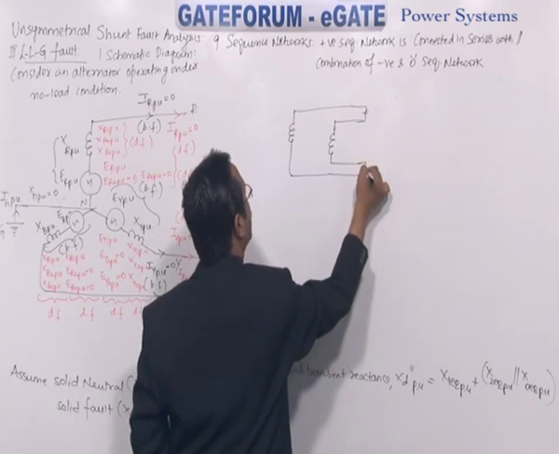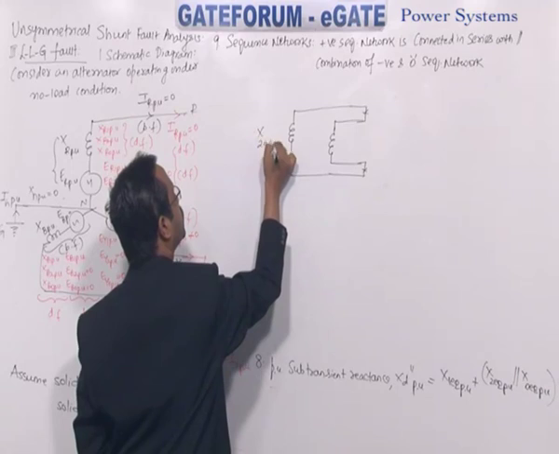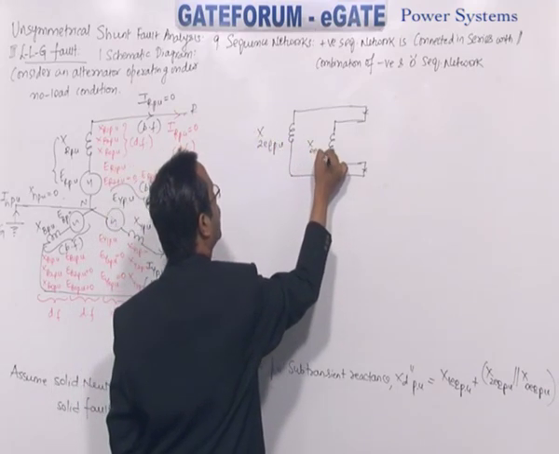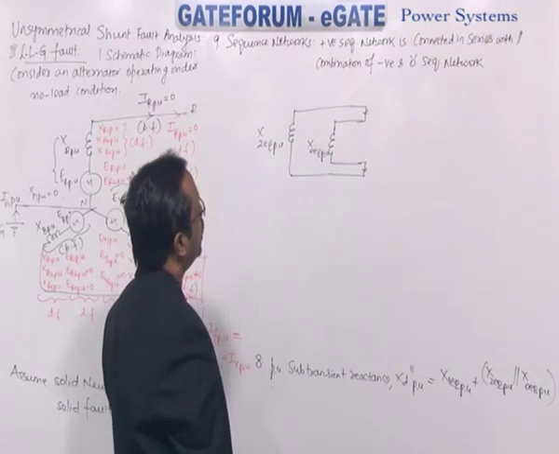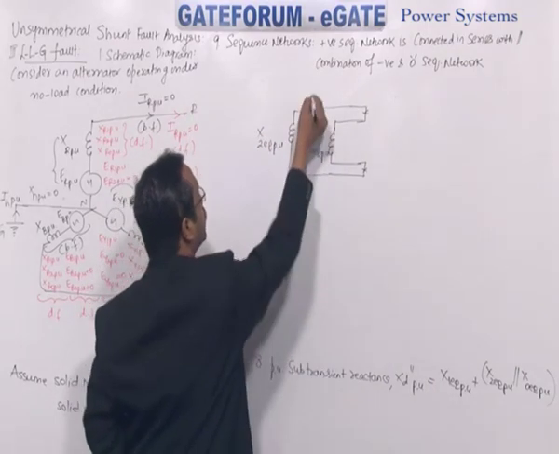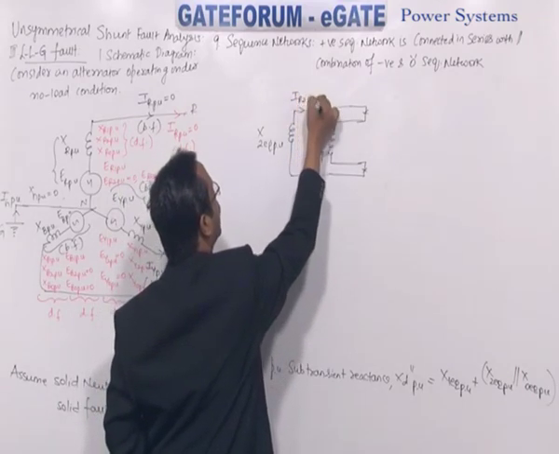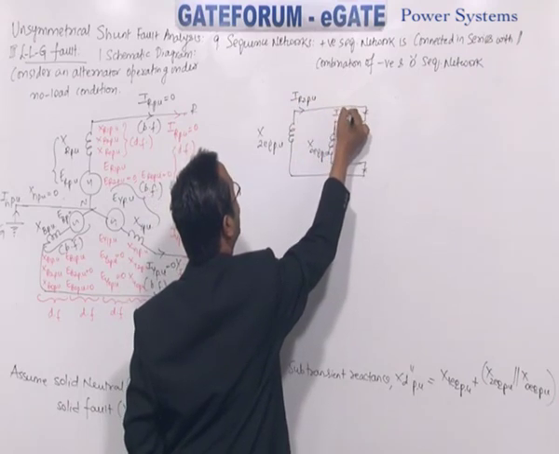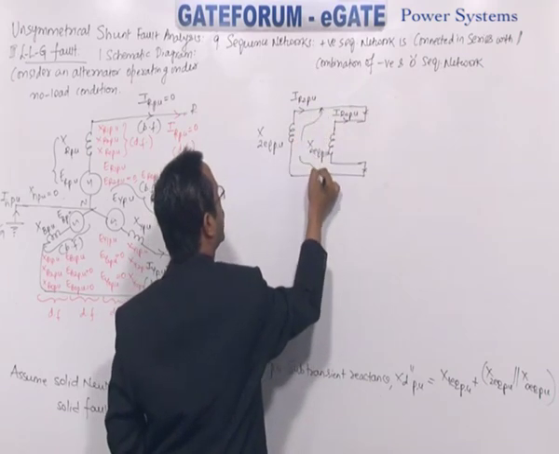First, to represent the negative and zero, these two are connected in parallel. So we have X2 equivalent per unit and X0 equivalent per unit. You can indicate their currents also: IR2 per unit, IR0 per unit. What about the voltages?